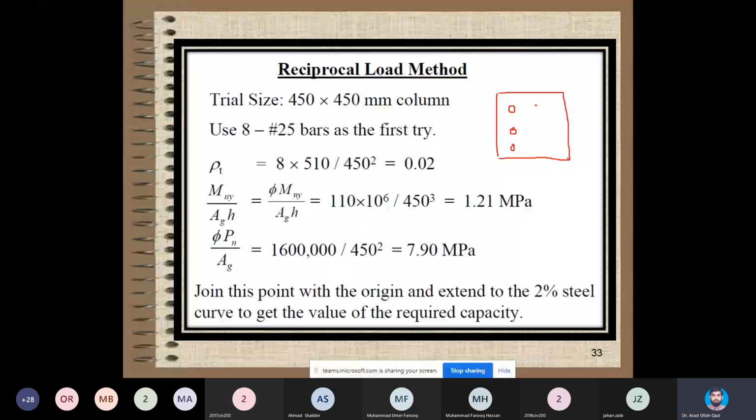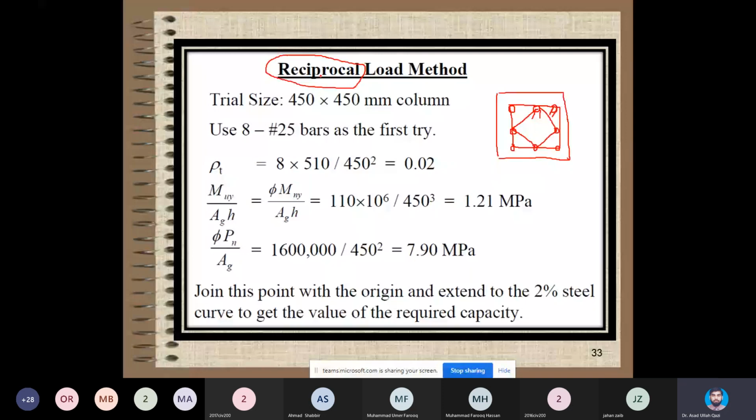But in exam or in your other academic practical problems, it is not possible. Always you are blessed with this pre-information that this column by other method has this answer, and now let's review it by the second method. And you may not be having sufficient time to do that in exam, that first you will design it by equivalent uniaxial eccentricity and then you will review it by reciprocal.